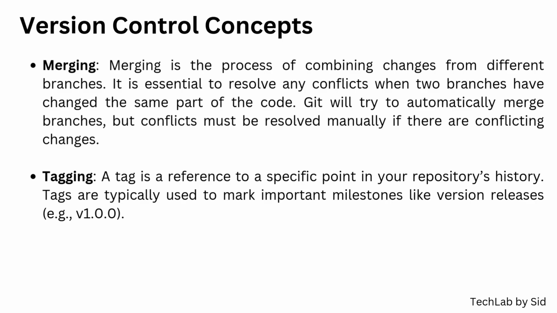Merging combines changes from different branches. If both branches have modified the same code, conflicts may arise. Git attempts to automatically merge changes, but conflicts require manual resolution. Tagging. A tag is a reference to a specific point in the repository's history, often used to mark significant milestones such as version releases.